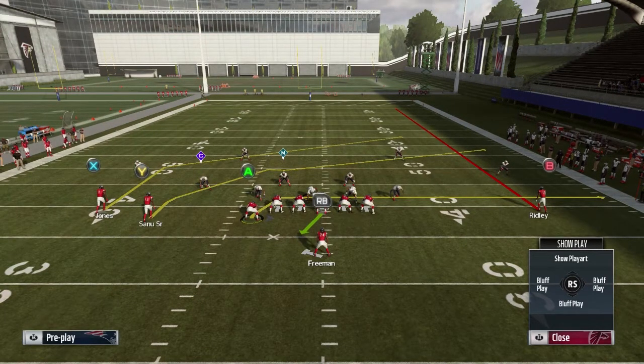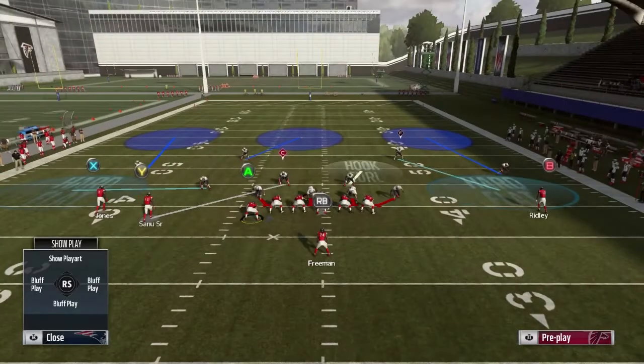But the second part about it is, depending on what they're doing with their cover 3, whether they're playing inverted or traditional, the guys are going to play the route differently, and it's a good indication of us knowing what they're in, because if they're in a traditional cover 3, then we're going to want to bomb them later, right? So let me show you here. This is traditional cover 3, meaning that they've got the outside corners in deep thirds rather than deep halves, right?